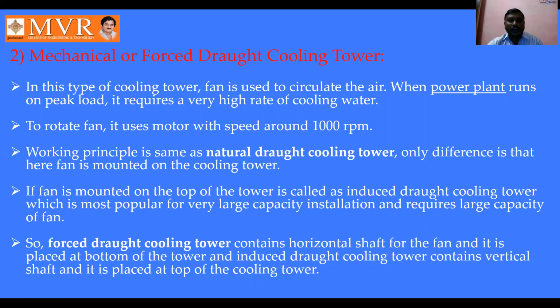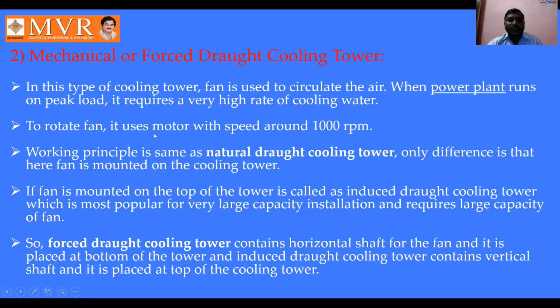When the plant runs on peak load, the temperature and pressure are going to be raised, and we need cooling water for cooling purposes. So we are using a fan here to circulate the air.